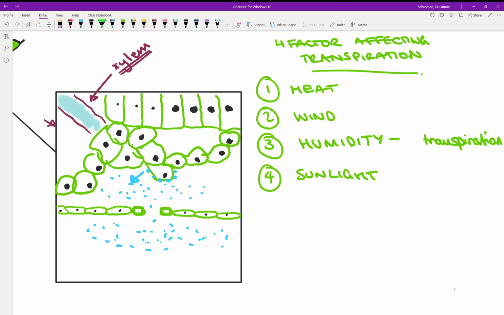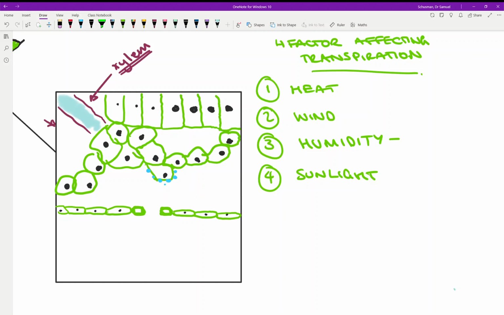Sunlight, on the other hand, increases transpiration. And this is a very interesting point. It's twofold and it's complicated. I'm going to talk about the one that you should write in your exams first. And then I'll talk about another point.